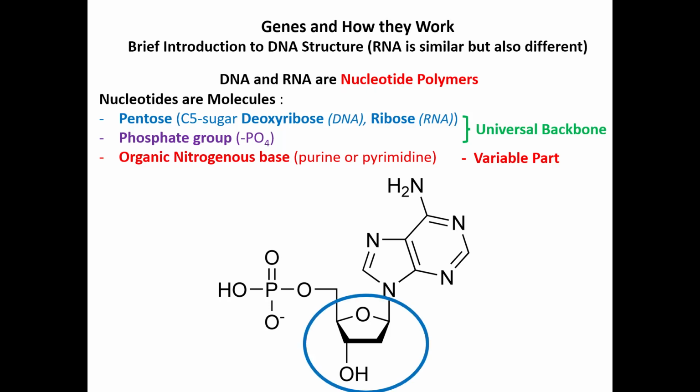What they all have in common is a central sugar molecule, a pentose, a C5 sugar. The only difference here between our DNA and RNA is the type of sugar. It's in both cases a pentose sugar. In RNA, we have an OH group attached to one of the carbons of the sugar molecule, and in the deoxyribose that would be just a hydrogen ion.